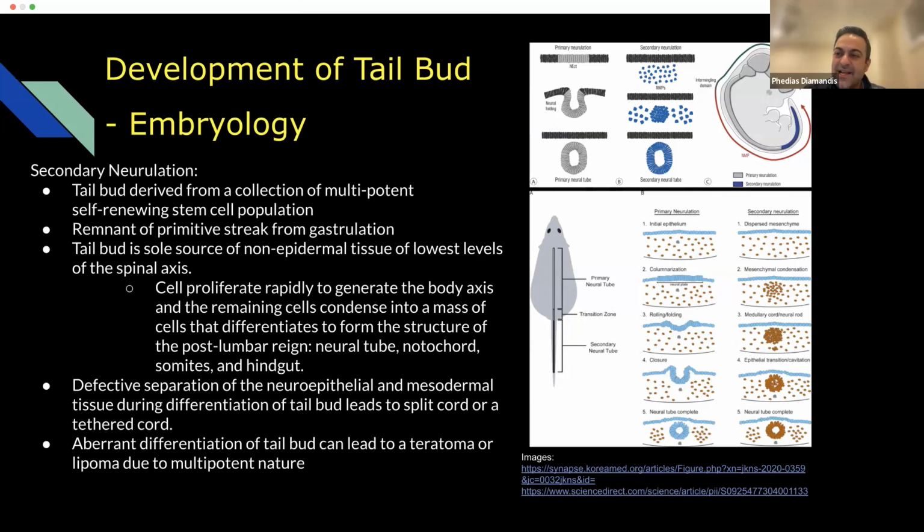And because it's a multipotent tissue, this explains why you get some weird things forming here, like lipid within the spinal cord, as we'll see. You can have teratomas. Again, these are really multipotent cells that just have failed to differentiate. And as we mentioned, this is really the structure that forms the tails in animals.